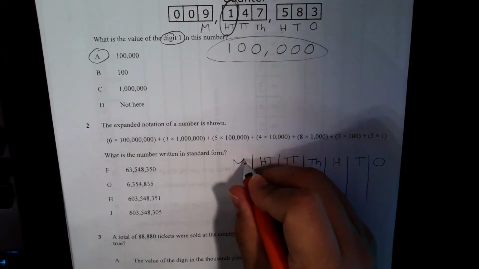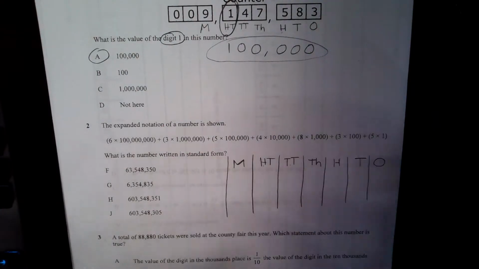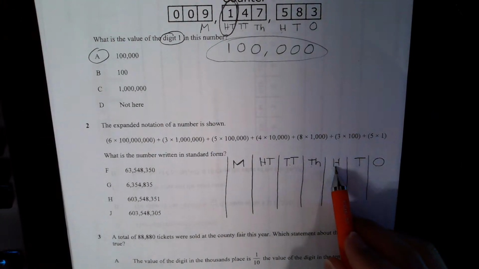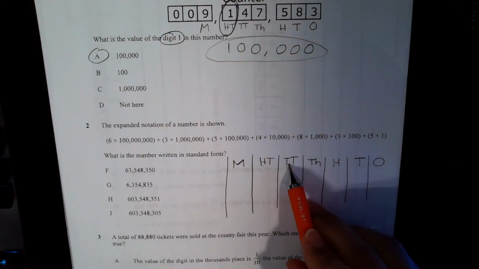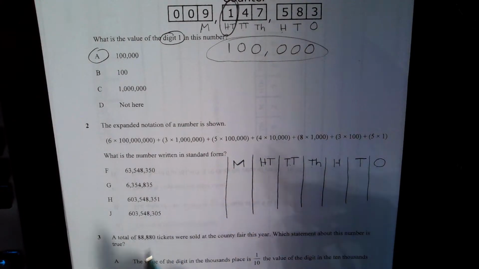Millions. After the millions, what would come next in our pattern? Ones, tens, hundreds, 1,000, 10,000, 100,000, million.